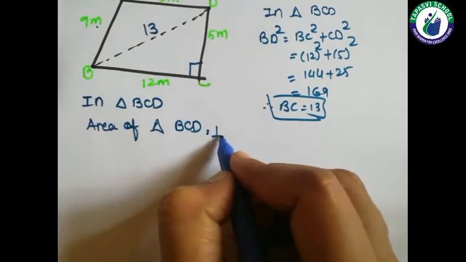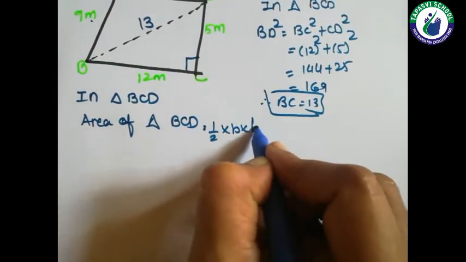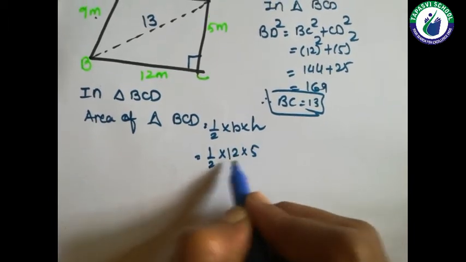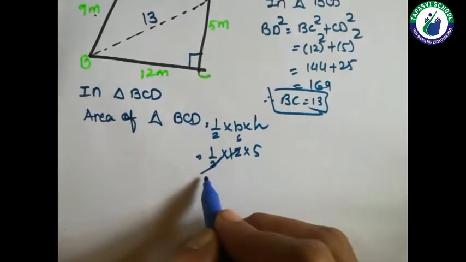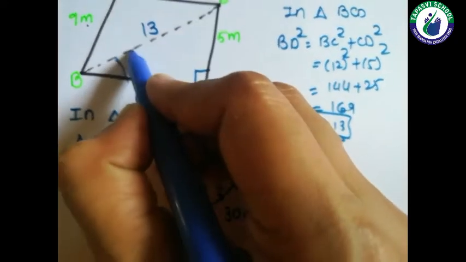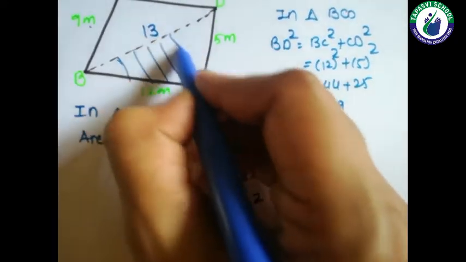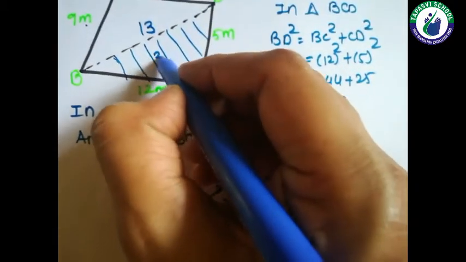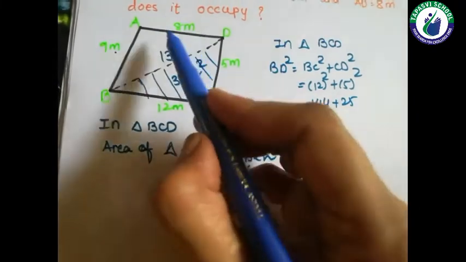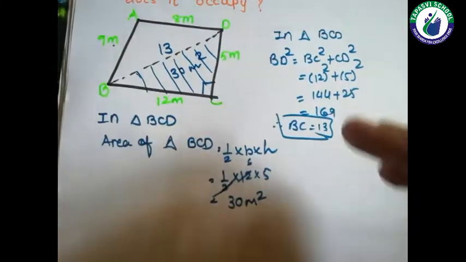Area is equal to 1/2 base into height. Here 1/2 into 12 into 5, that is 30 meters square. So area of this portion is 30 meters square.